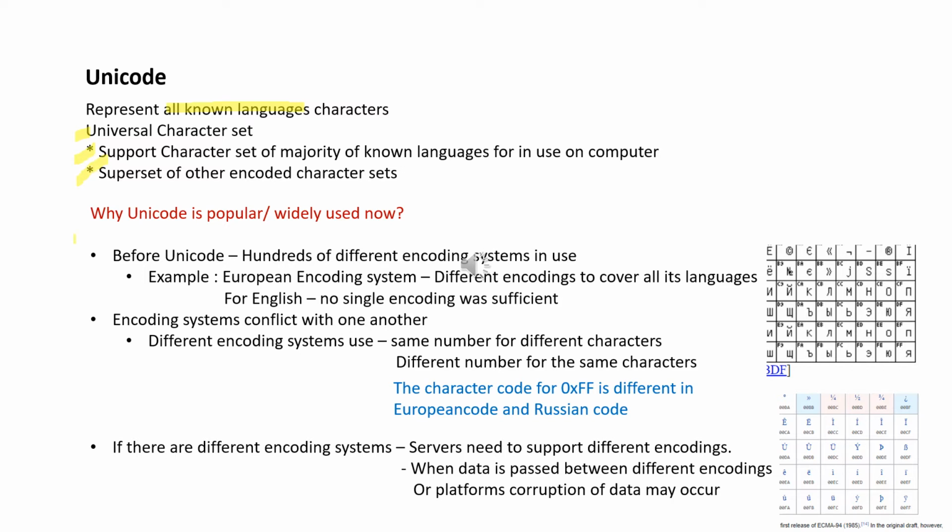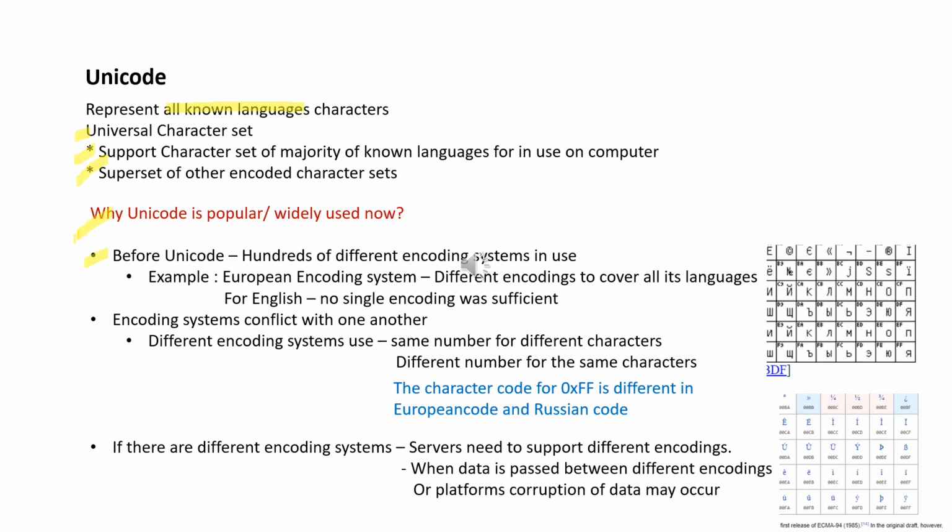So now we need to understand the purpose of Unicode, like why it is popular now and widely used. For that we need to know what happened before the existence of Unicode. Before that, there were hundreds of different encoding systems in use. In Europe, there are 24 languages accepted as official languages by the European Union.